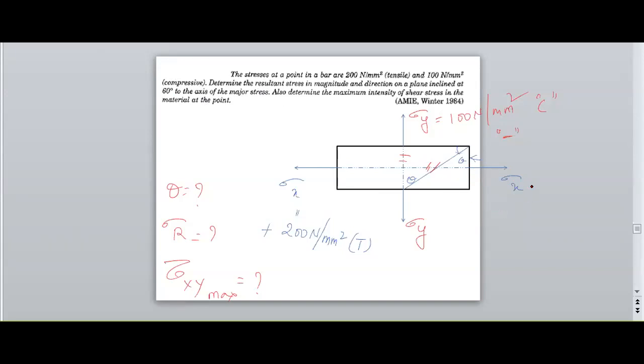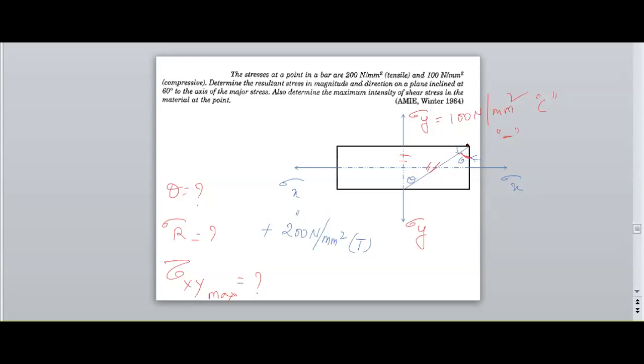While deriving, we have considered the theta at this region.